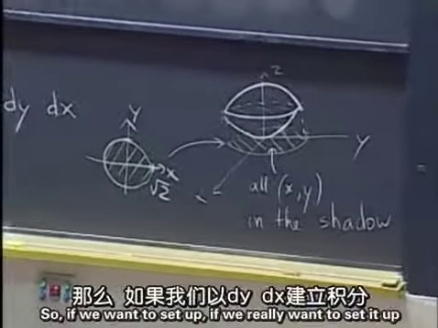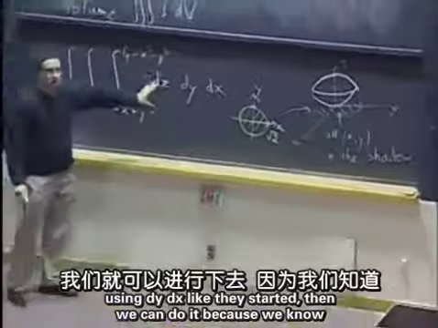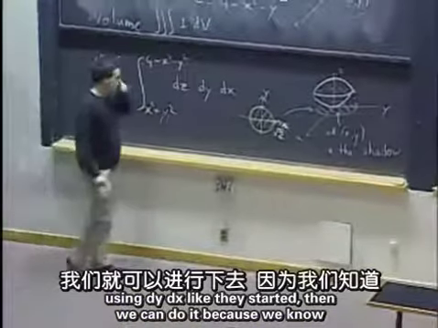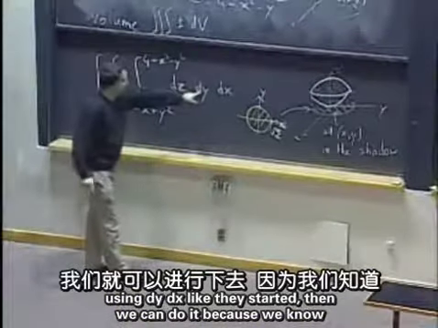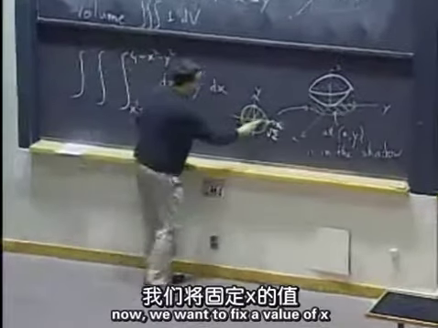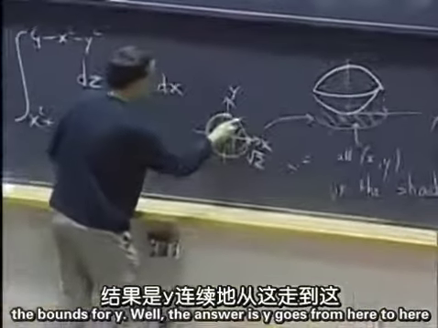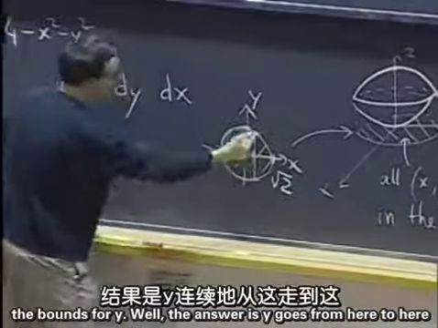So if we really want to set it up using dy dx, like I started, then we can do it. For the middle integral, we want to fix a value of x, and for that fixed value of x, we want to figure out the bounds for y. Well, y goes from here to here.